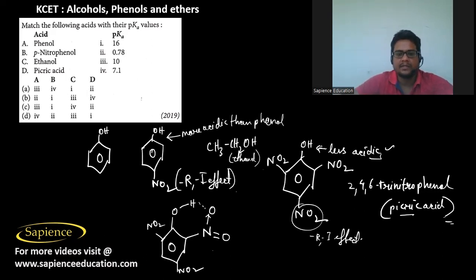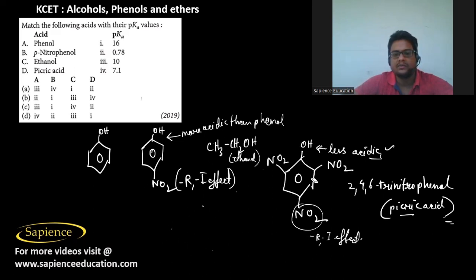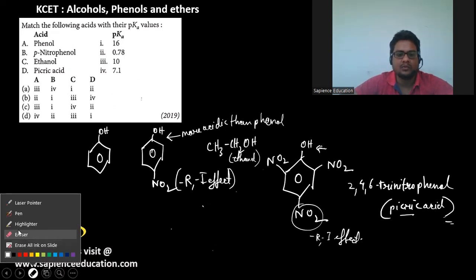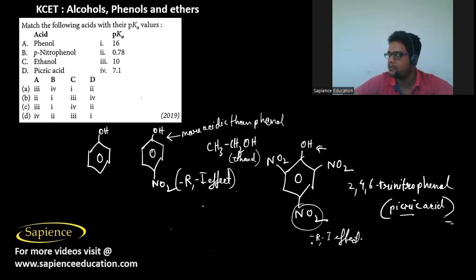So now here, even if intramolecular hydrogen bond is there, we have three NO2 groups here. So it has more minus R effect and minus I effect. So the picric acid is the most acidic. So it means the pKa value for picric acid will be the least.